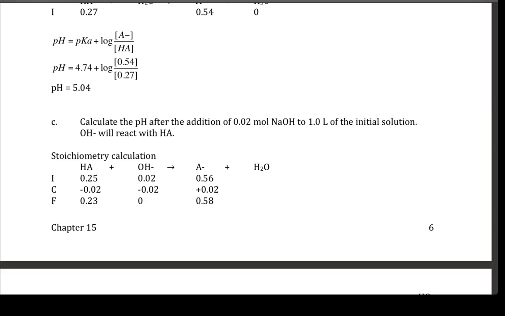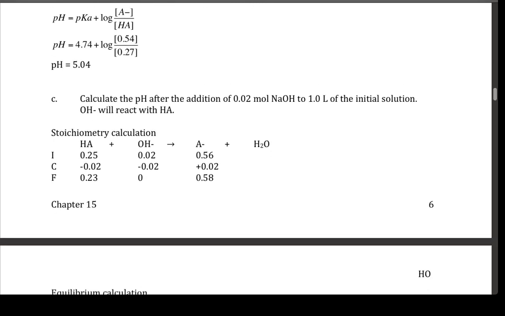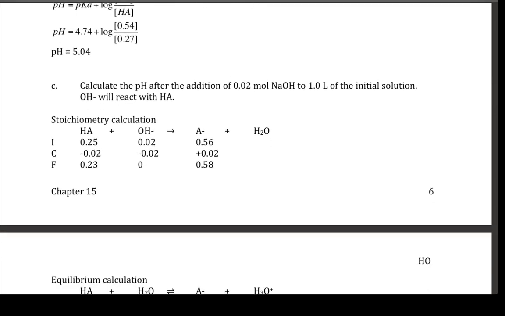So our stoichiometry calculation involves the reaction HA plus OH minus yielding A minus plus H2O. Now we're back to our original initial buffer.